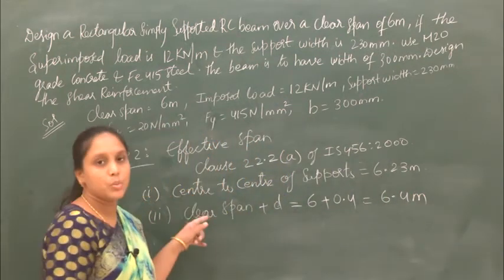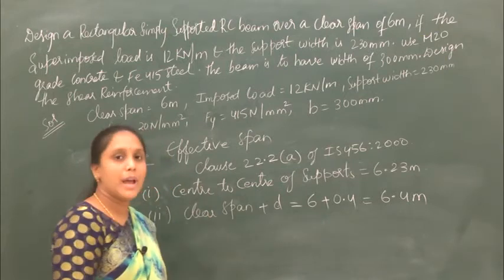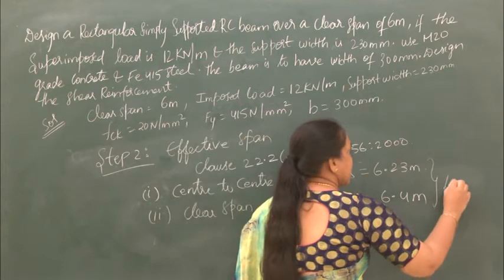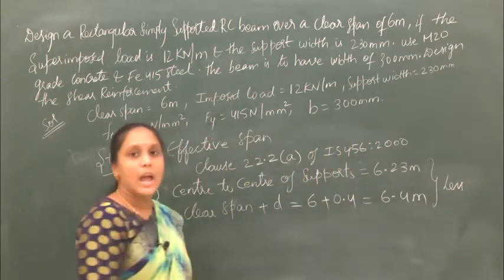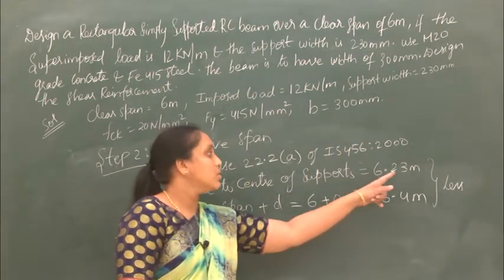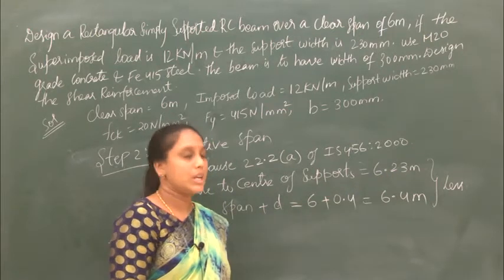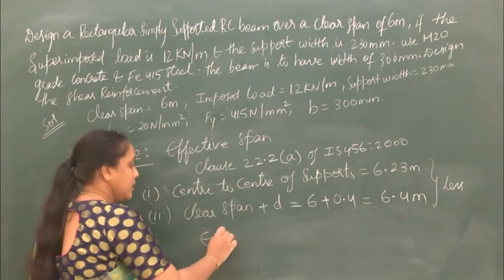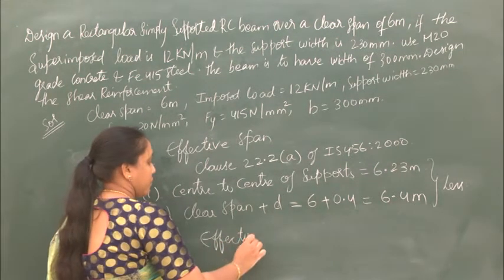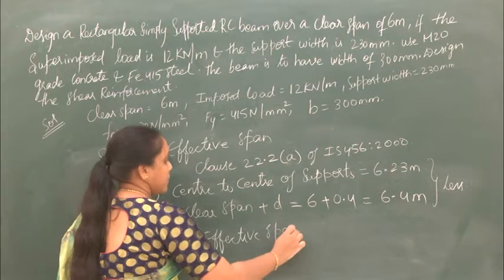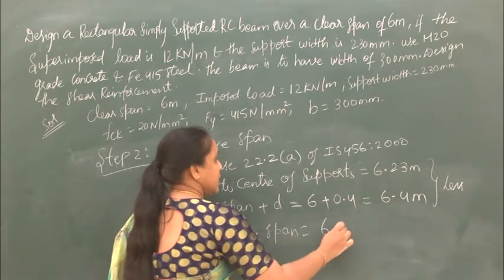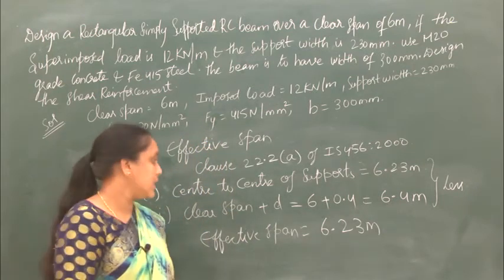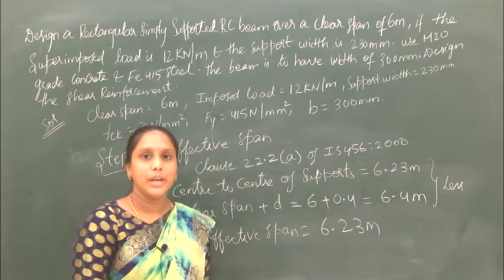So out of these two, which one do you have to consider as the effective span? The least one. Out of these two, whichever is less has to be considered as the effective span of the beam. Here 6.23 meters is the least value. So the effective span of the beam is 6.23 meters.